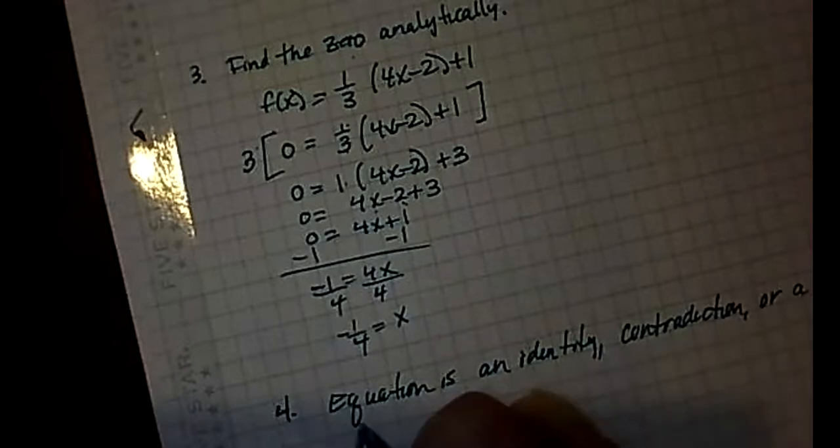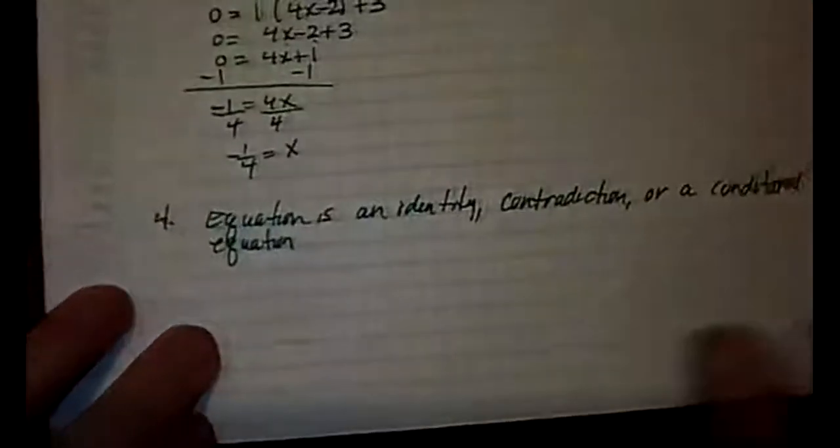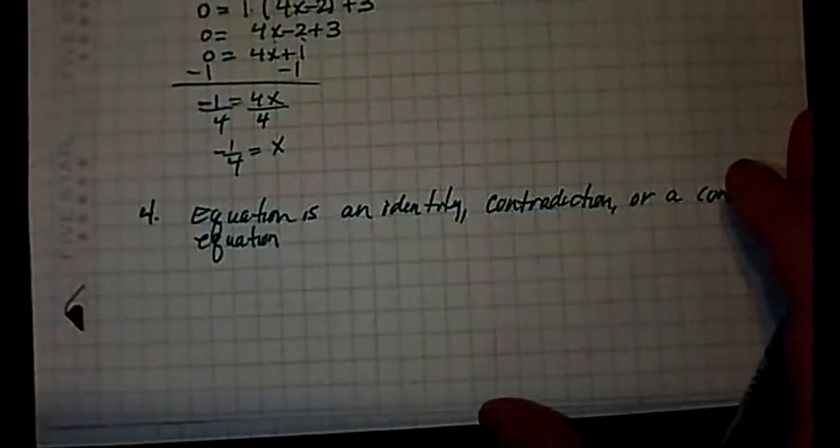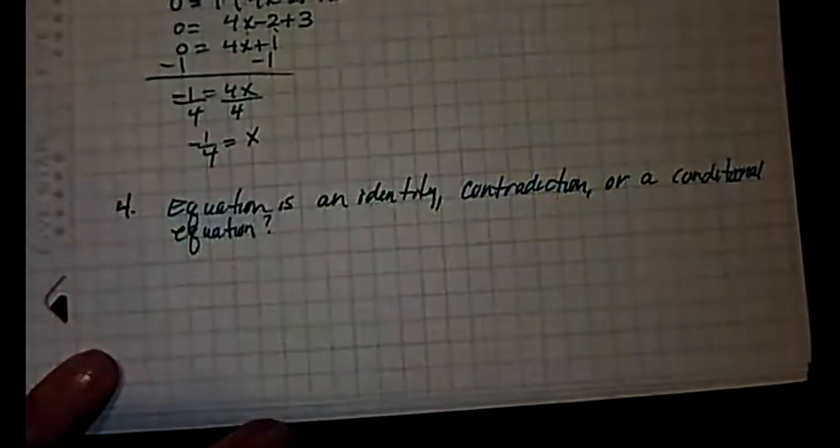I'll get that so you can read it. Okay, so that's what this is asking. Given these equations, are they an identity, a contradiction, or a conditional equation? It's kind of a question there.